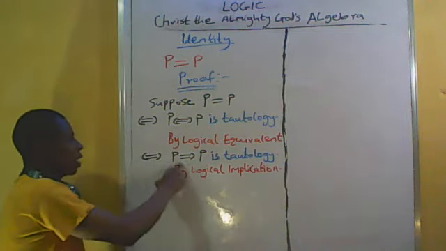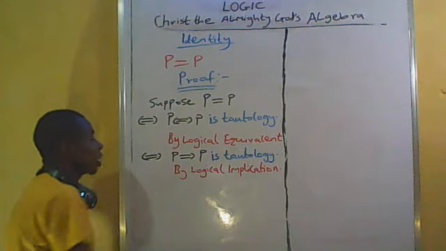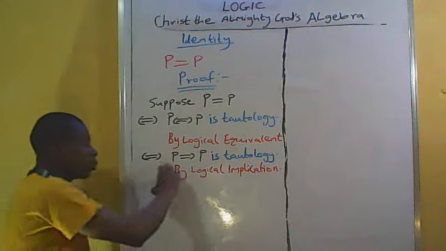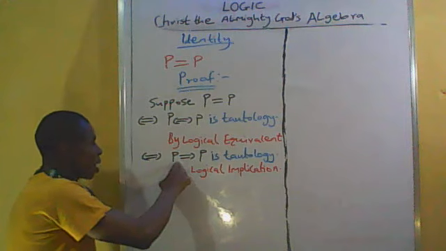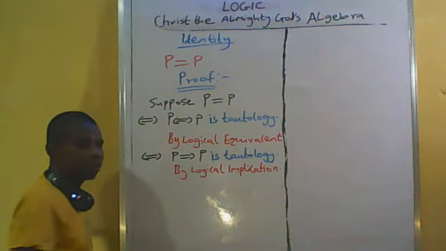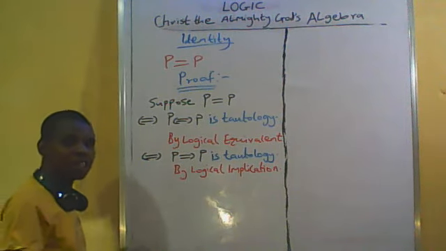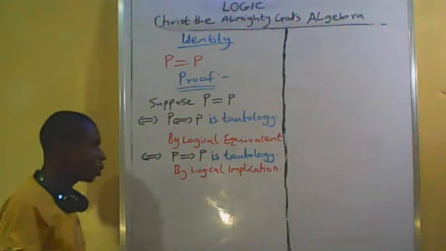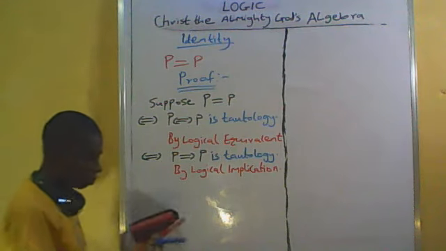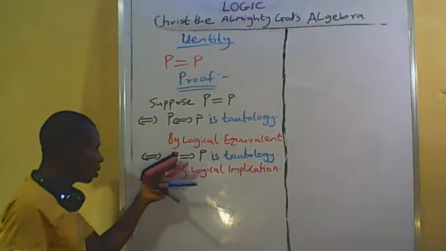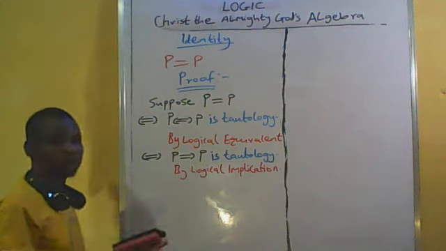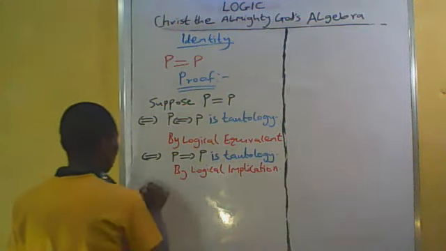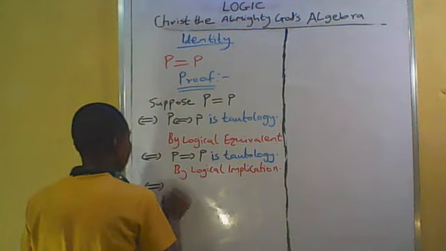Now, since P implies P is tautology, we can then deduce that P implies P because P is a proper implication of P. Since P implies P, you say that P is logical implication of P. That means the antecedent is logical implication of the consequent.